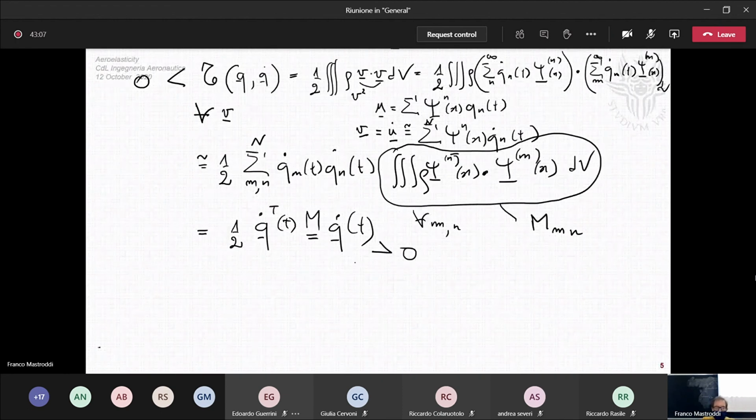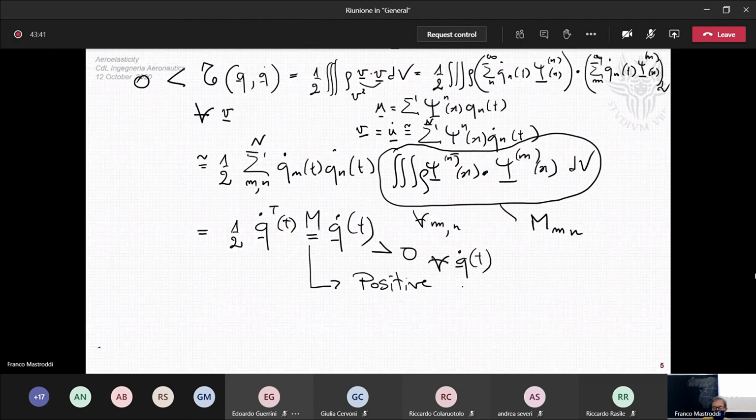So this implies that the kinetic energy is greater than 0 for all q dot, the discretized vector, for any q dot. And if you request a matrix to give a positive value for any of these, you are requesting M to be a positive matrix.